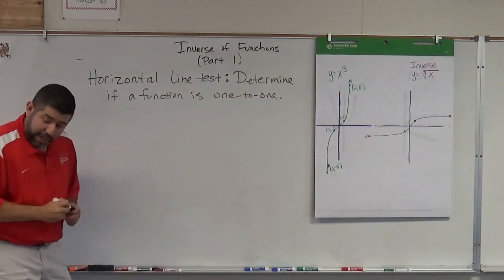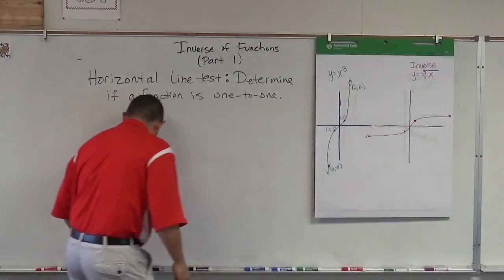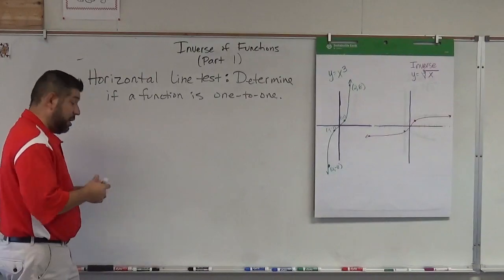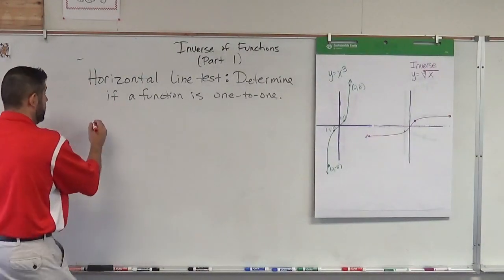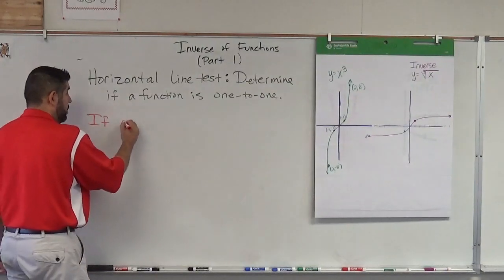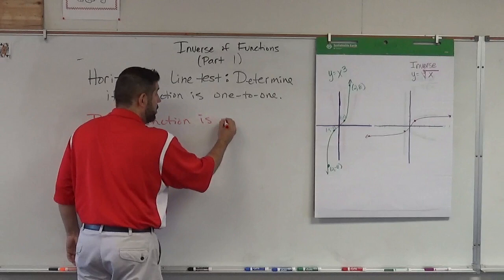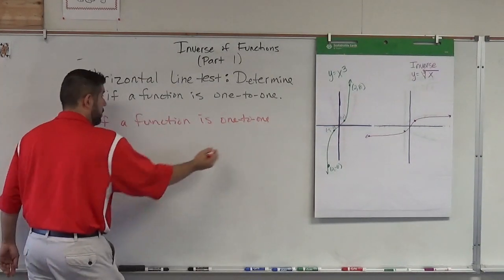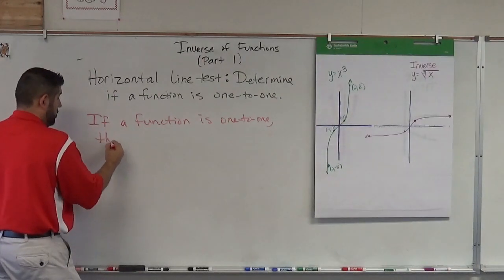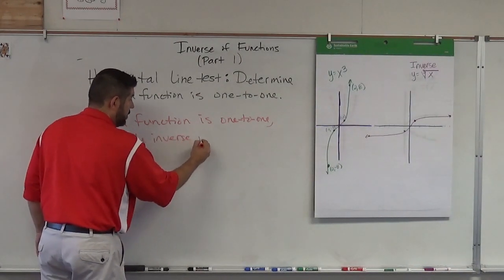Well, it turns out that if a function is 1 to 1, then it has an inverse that is also a function. Okay, so if a function is 1 to 1, then the inverse is a function.